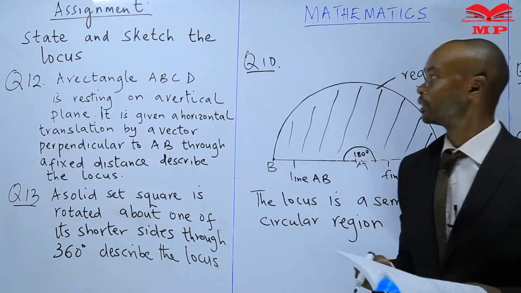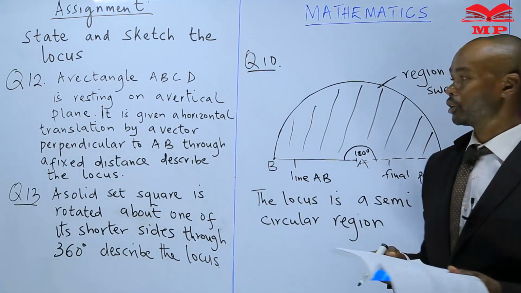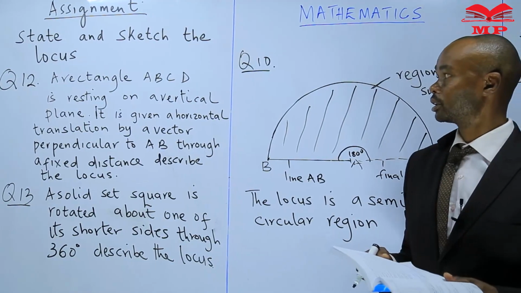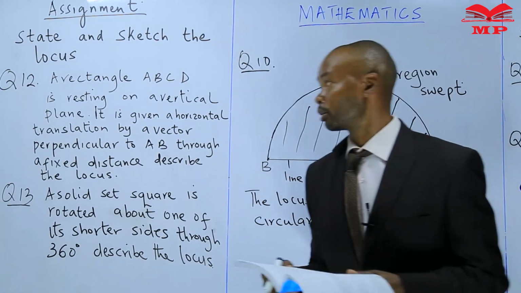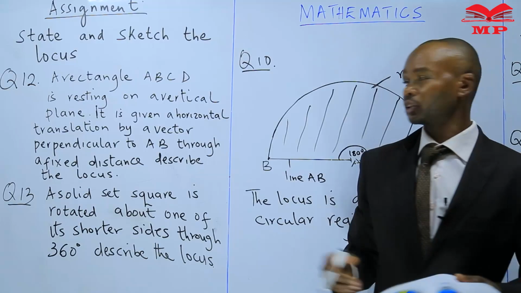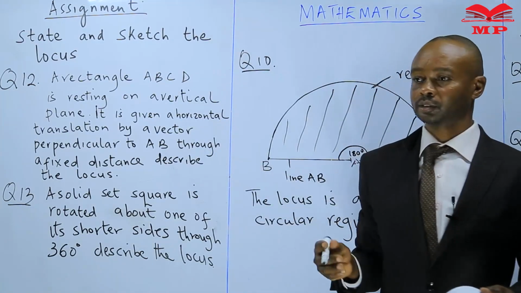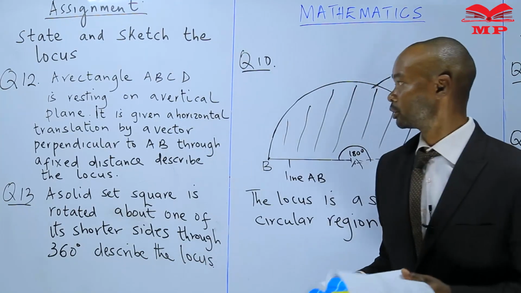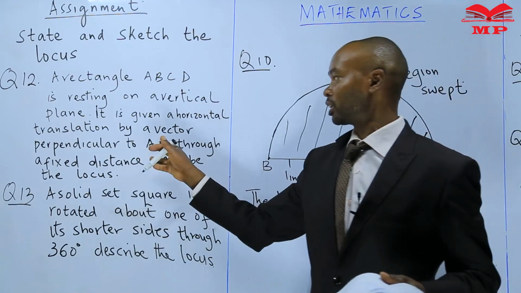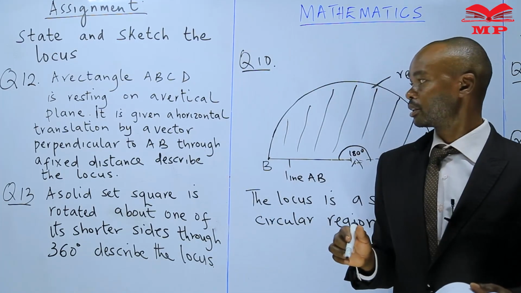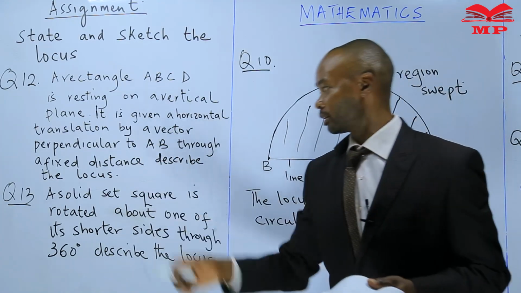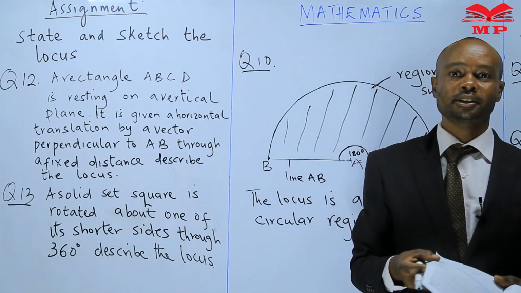12. A rectangle ABCD is resting on its vertical plane. It is given a translation by a vector perpendicular to AB through a fixed distance. Describe the locus. 13.